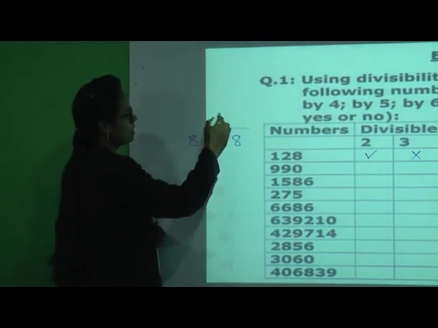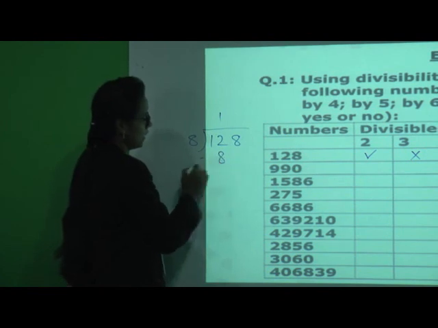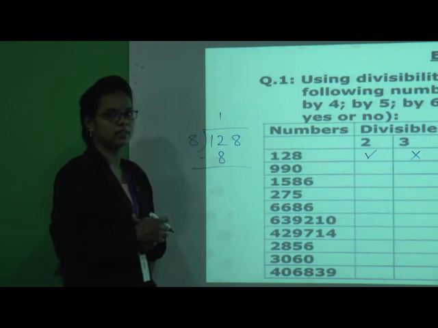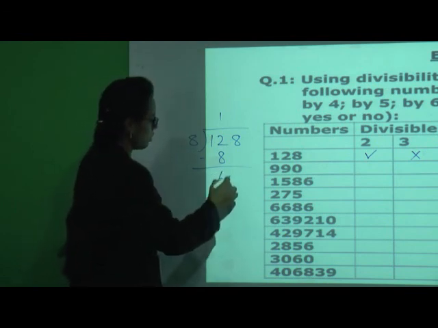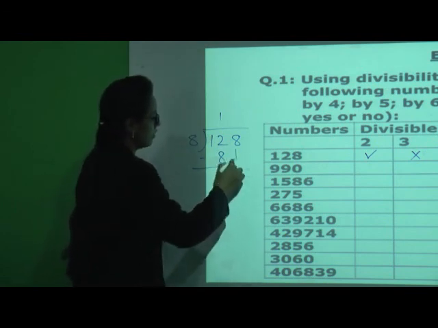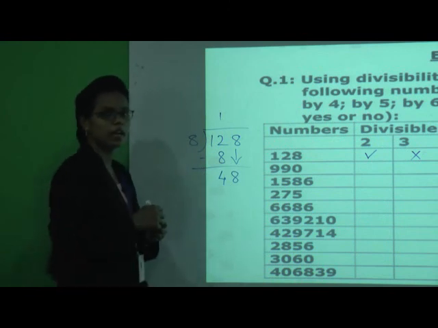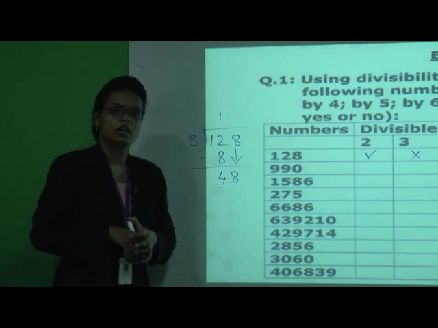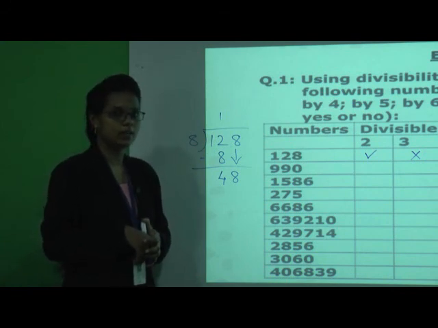So we take the previous number, 8 1s are 8. Now we do 12 minus 8, so it's 4, and we bring this down. So we get 48. Do we have 48 in the 8's table?